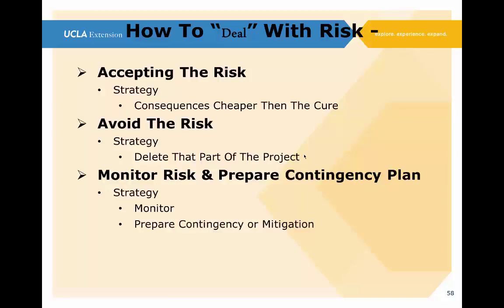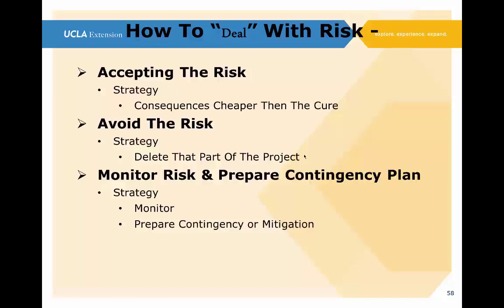The third strategy, monitor risk and prepare a contingency plan, is the one that we are probably most familiar with and most commonly work with. That's basically what we are going to do: we're going to evaluate the risk. We're going to prepare some kind of mitigation. What can we do to mitigate that risk?